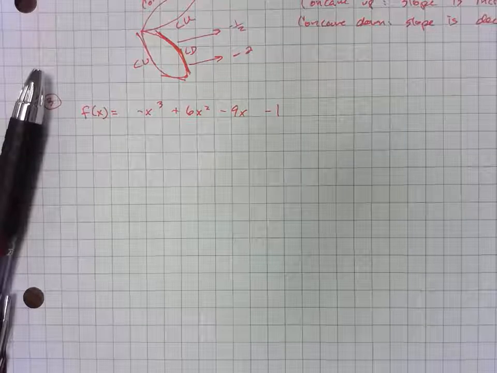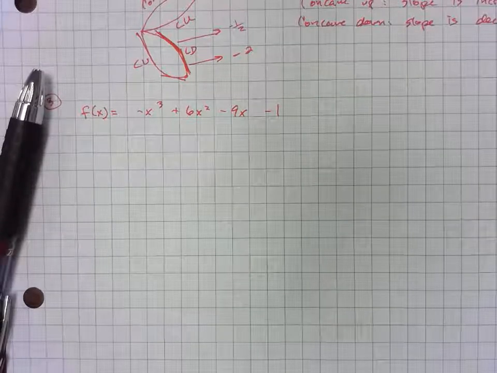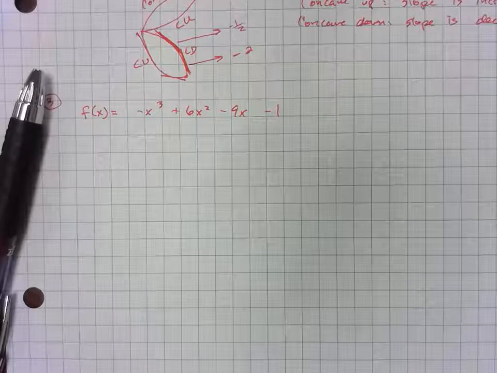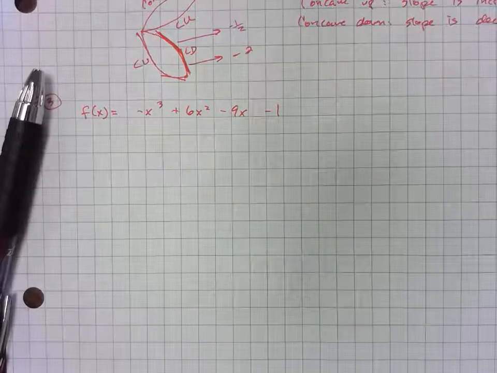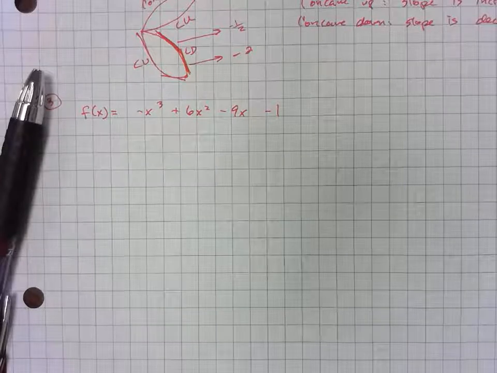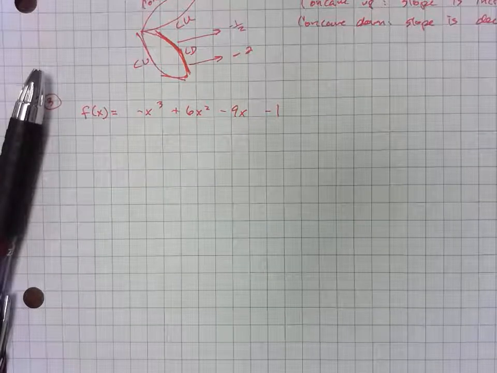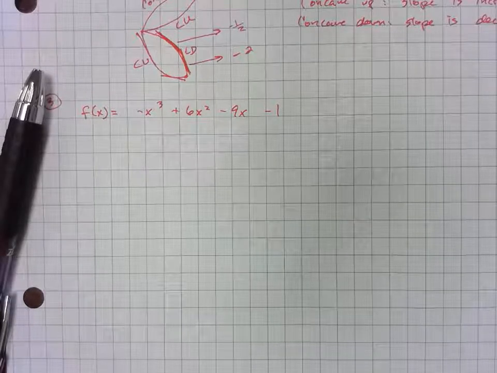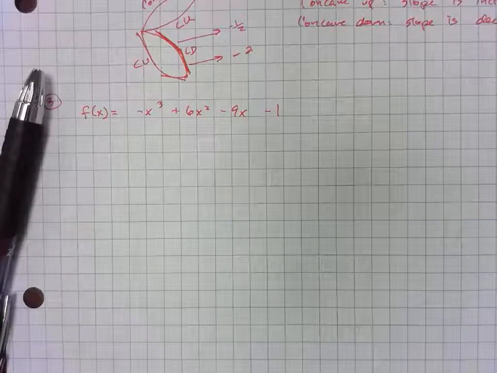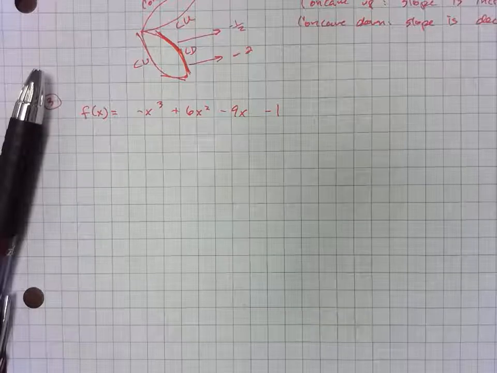So the slope is increasing up until about here, and then the slope is still increasing until right about here. And then right here the slope starts to change from increasing, it starts decreasing, and then it decreases from here to infinity.